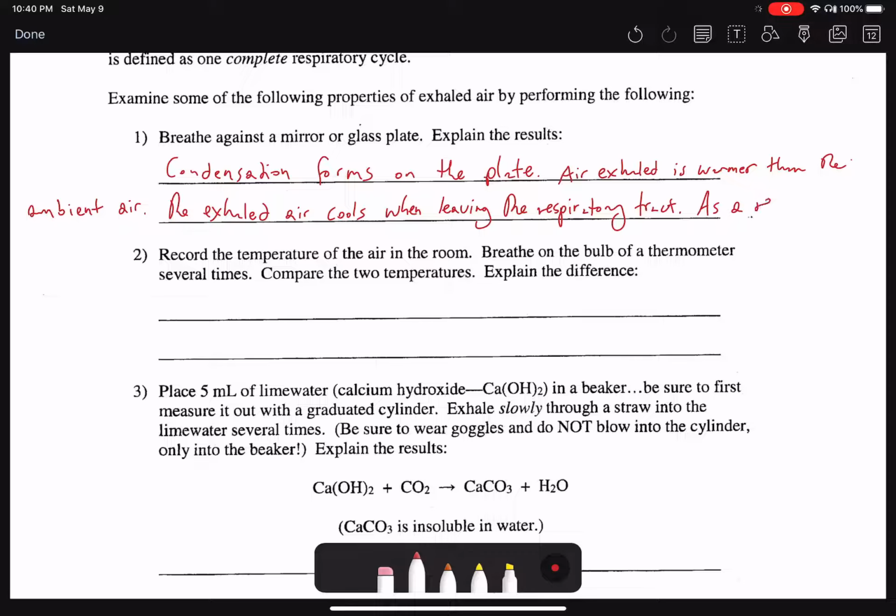As a result, it can hold less water vapor, and the resulting liquid water condenses on the solid surface, that is the surface of the watch glass, or the watch plate, that is.